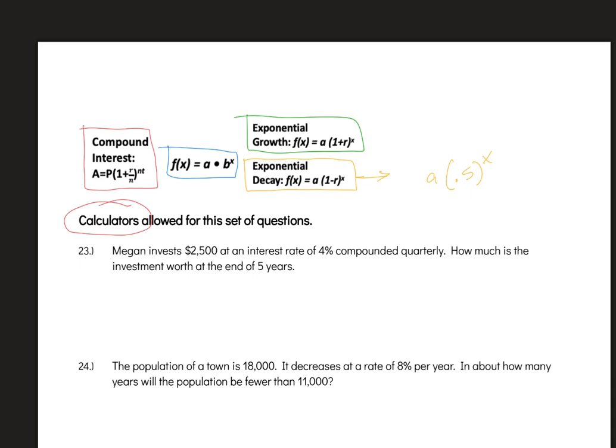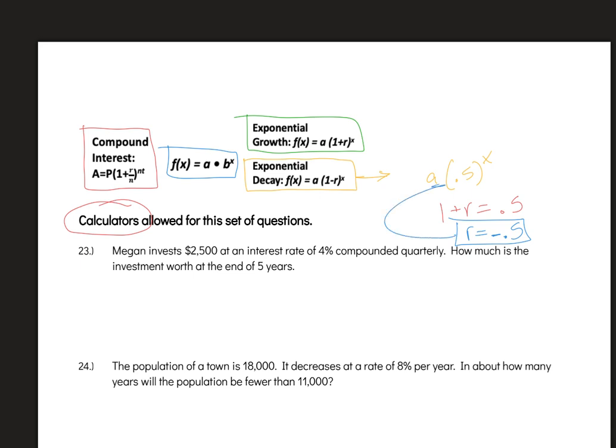And essentially what we said is, okay, well, 1 plus the rate equals 0.5. And so the rate must equal, in this situation, negative 0.5.